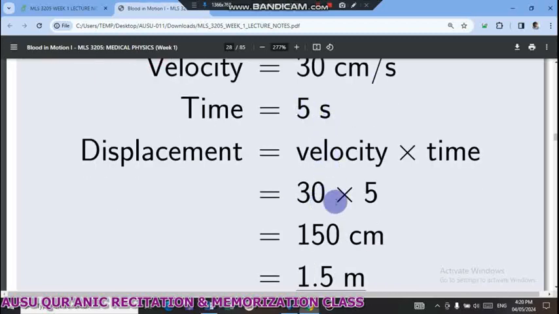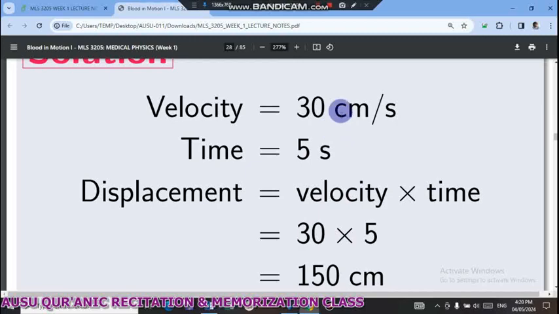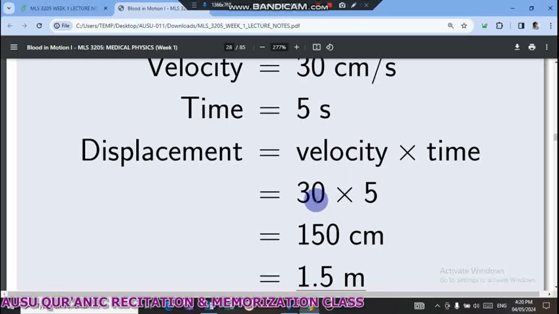So you multiply 30 by 5. This will give you 150. If I multiply centimeter per second by second, you multiply the units, then this second will cancel per second, and you will be left with centimeter. And this is why after multiplying 30 by 5, we got 150. Then we wrote centimeter.